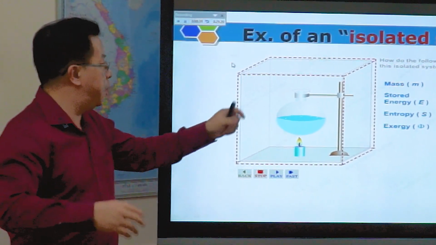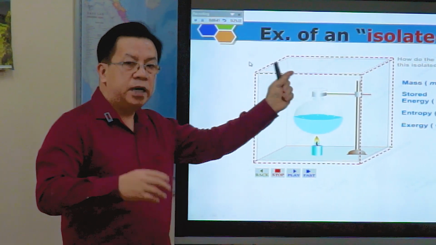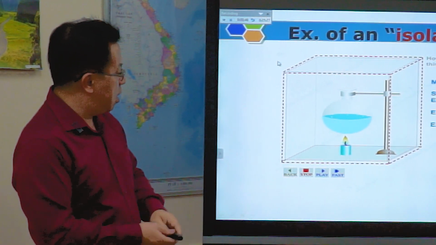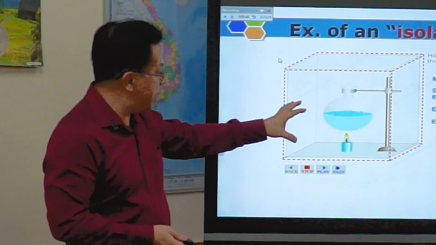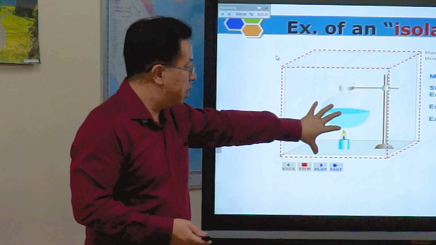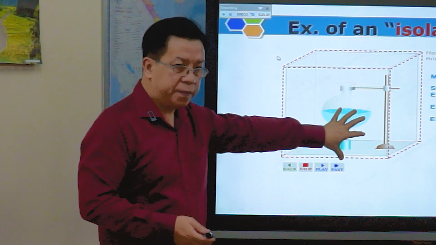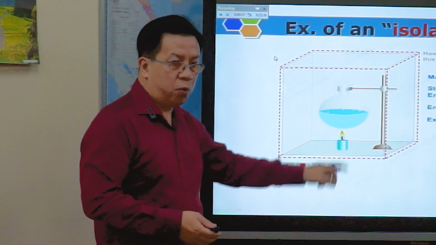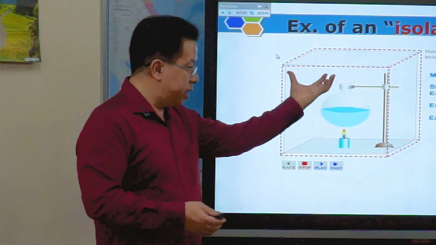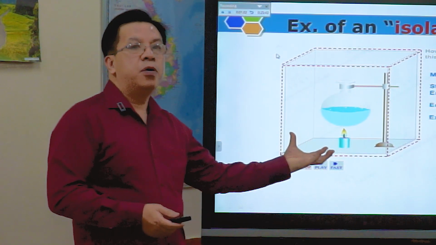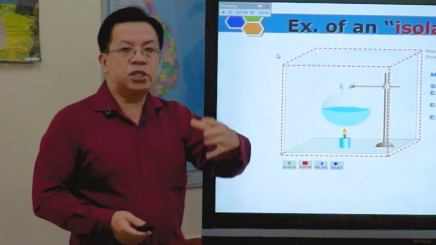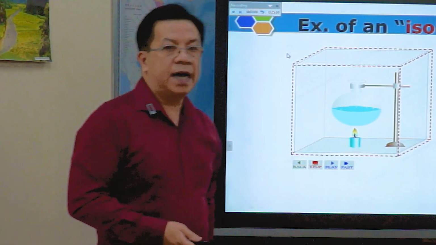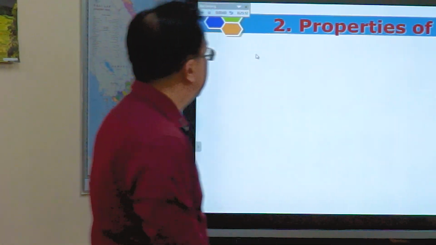And in this box, we put an insulator so that the heat cannot go in and out. So look at this picture, you can see that this is the system. It has heat provided. We have the substance, in this case the water, but this system itself is isolated from the surroundings. So in this case we have the isolated system.